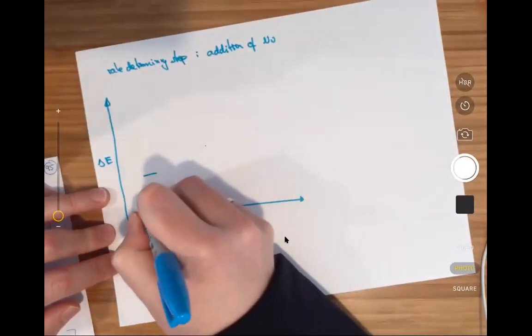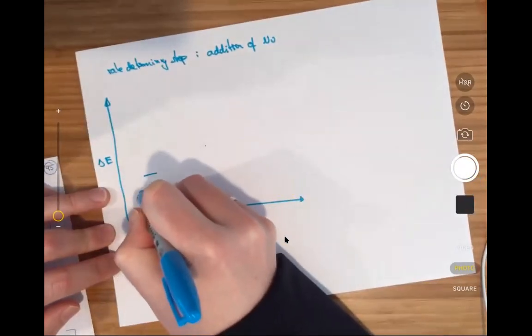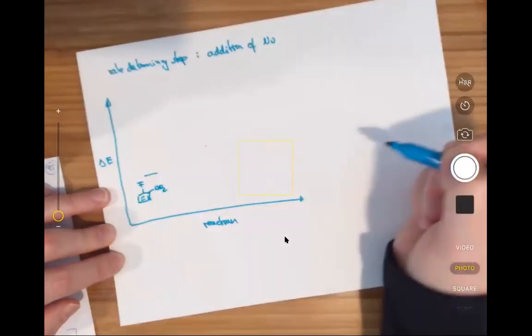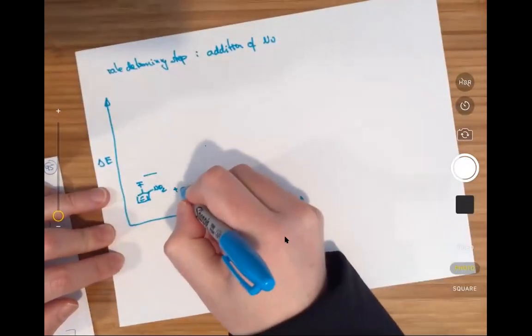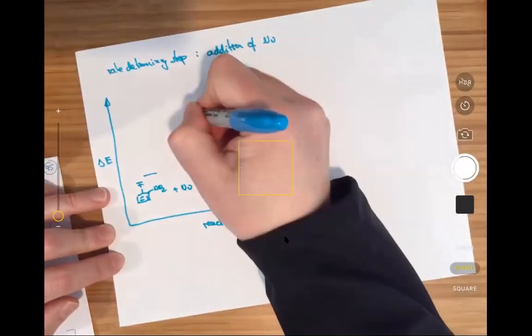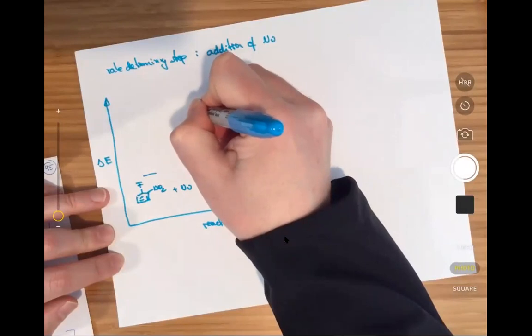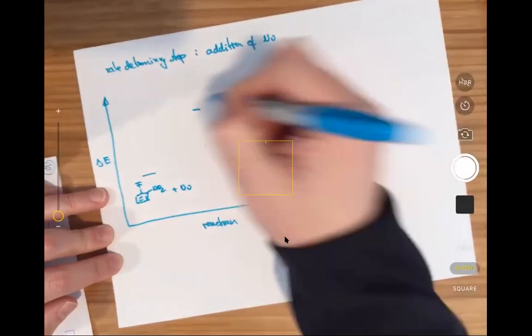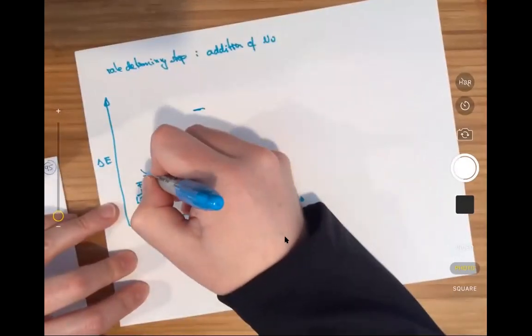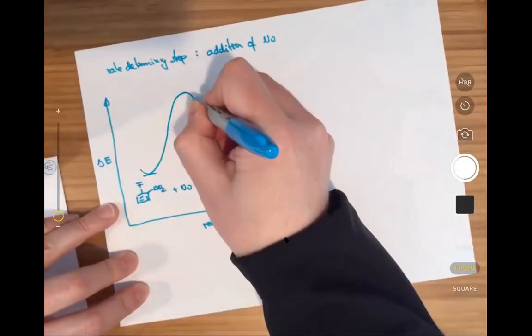So this is like, let's say, our fluoronitrobenzene plus our nucleophile. Then the rate determining step is the step that leads to the formation of the intermediate Meisenheimer complex. So this is the highest barrier here.